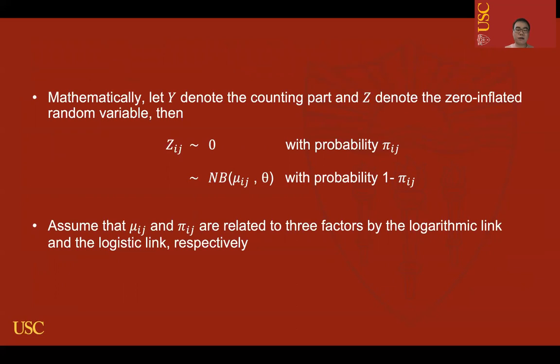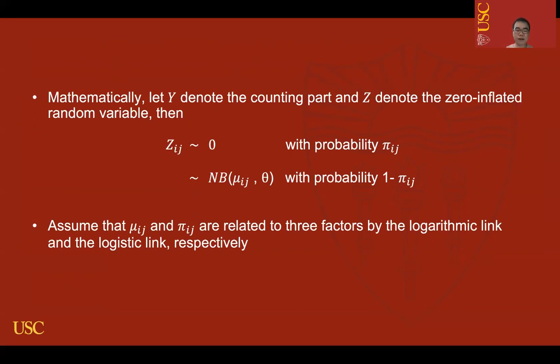And mathematically, let Y denote the population of the interspecies contacts, and Z denote a corresponding zero-inflated random variable. Here Zij is the random variable of Hi-C contacts between contig i and contig j, consisting of two components. It can be equal to 0 with probability πij, or follow the negative binomial regression distribution with probability 1 minus πij.